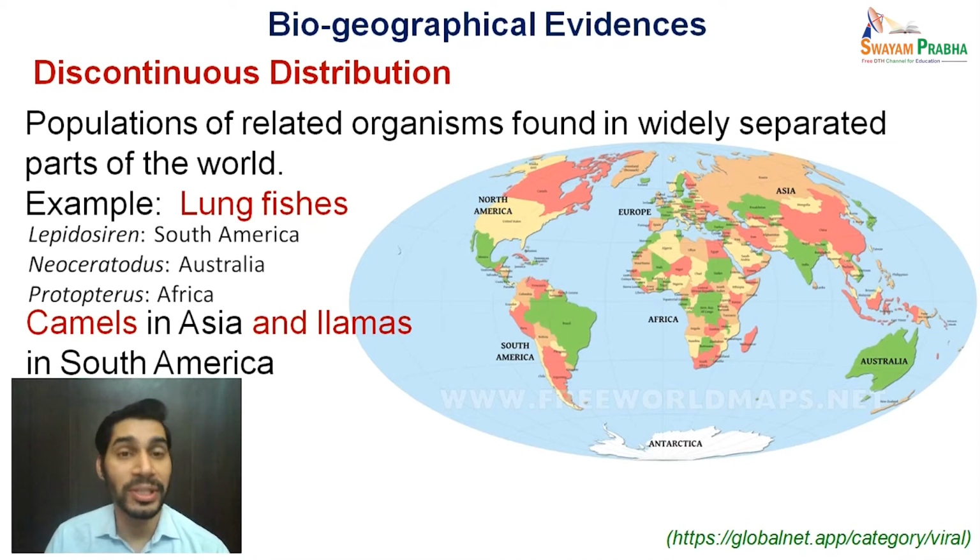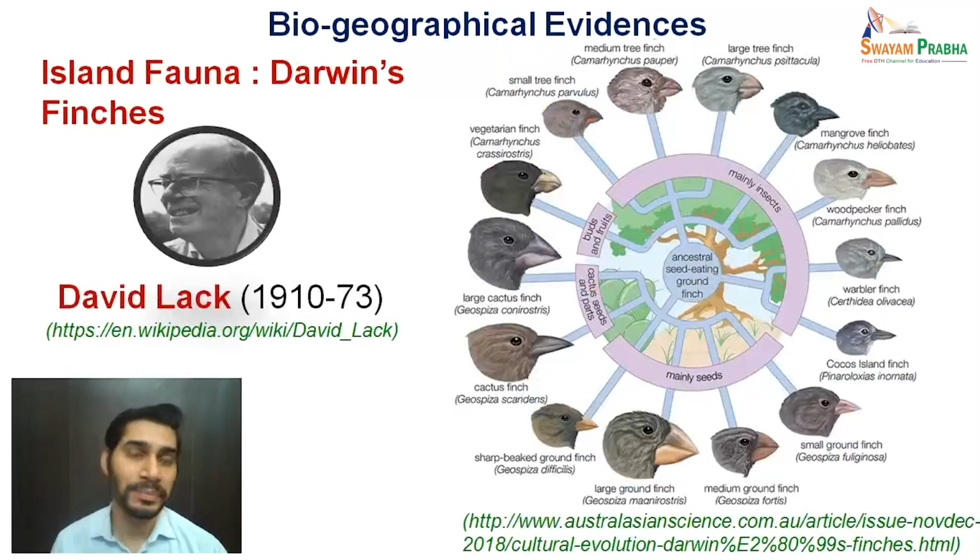So this biogeography again represents an example of evolution or evolutionary evidence. The third type which we can discuss under biogeographical evidence comes from island fauna, and we can take the example of Darwin's finches, which have been closely and very elaborately studied by David Lack.